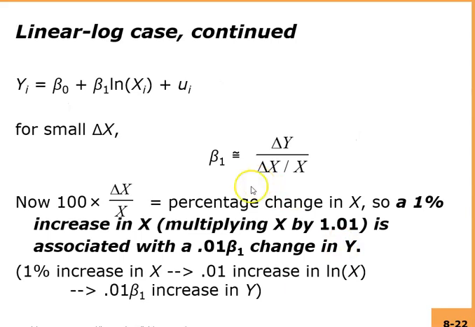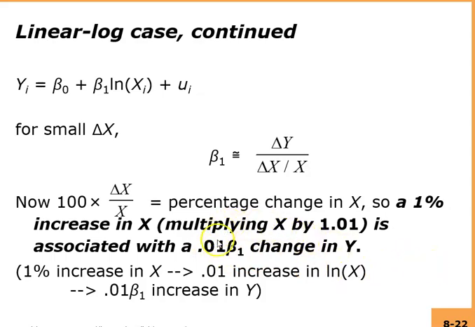So the linear-log case will then be, for small changes in x, beta 1 will be equal to change in y over the percentage change in x. Change in x over x multiplied by 100 gives us the percentage change in x, which means that a 1% increase in x, meaning multiplying x by 1.01, will be associated with a 0.01 multiplied by beta 1 change in y.